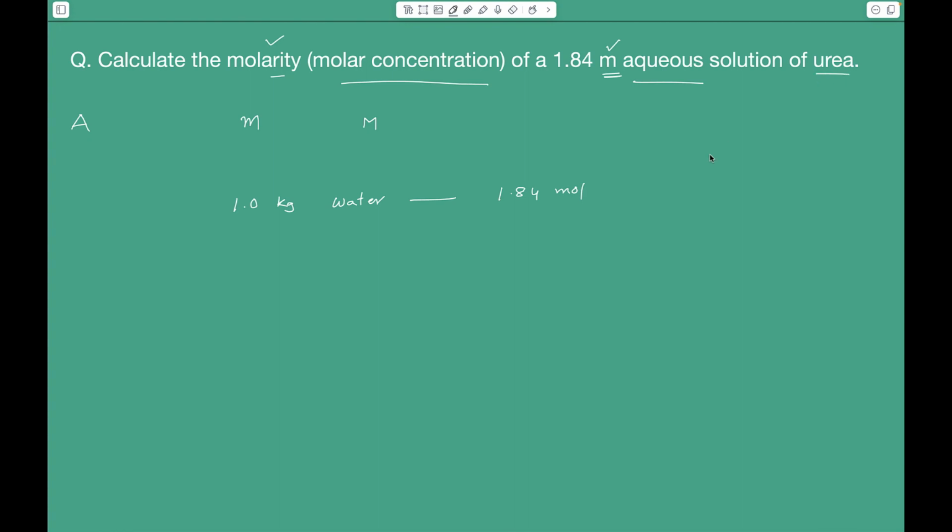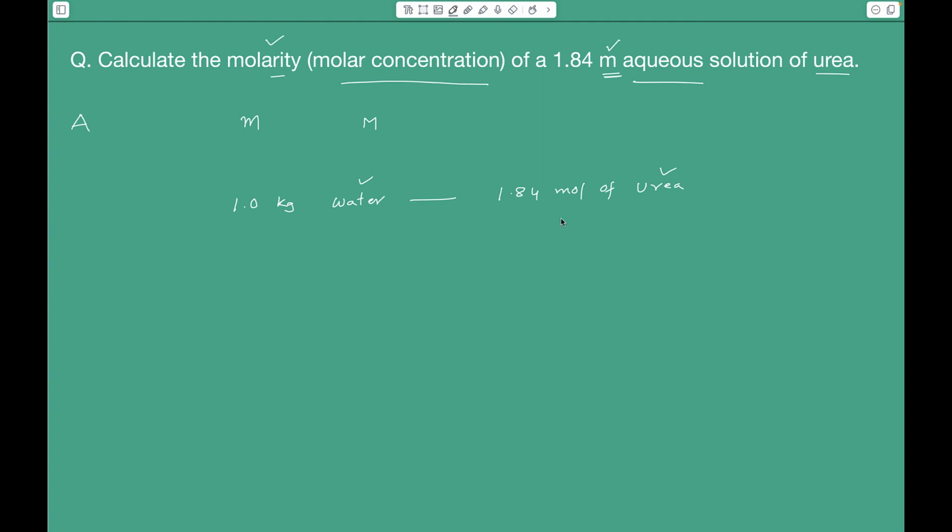And what is the solute here? Urea, right? It is urea that is dissolved in water. The substance that is dissolved is the solute, and the substance that is dissolving is the solvent. So urea is the solute and water is the solvent.